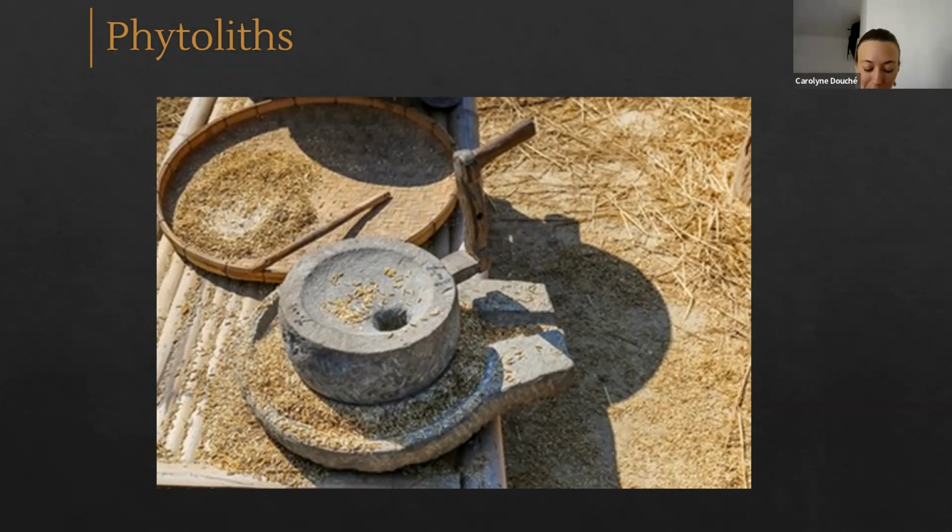In terms of taxonomy, they have the advantage of being resistant to a wide range of soil pH values, from around 3 to 9, and also to various environmental conditions, including wet, dry, and alternating wet and dry. In addition, they don't need a specific condition to be preserved. They don't need to be charred, or soaked in water, for example.